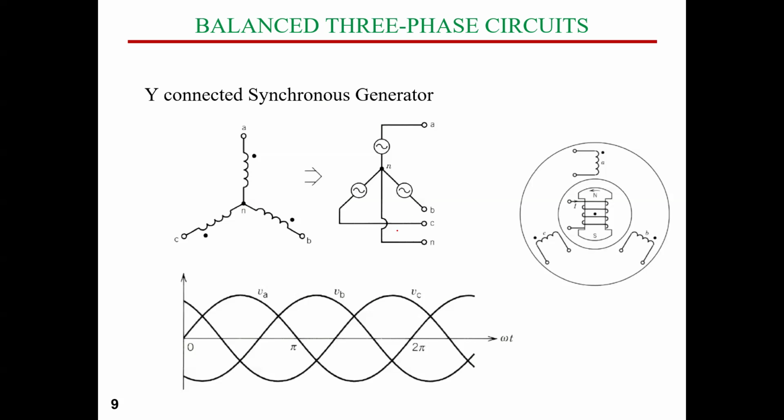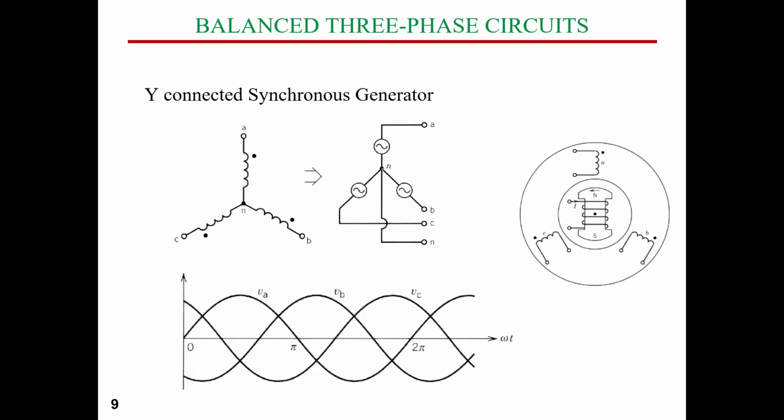So for a balanced Y connection, this is the first connection here, guys, which is the Y connection. So this is a Y connected synchronous generator, for instance. So what you can see here is three phase windings. The neutral point is not connected by a wire to anything else.